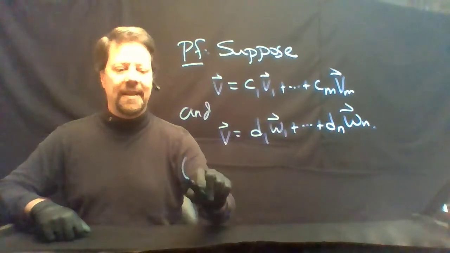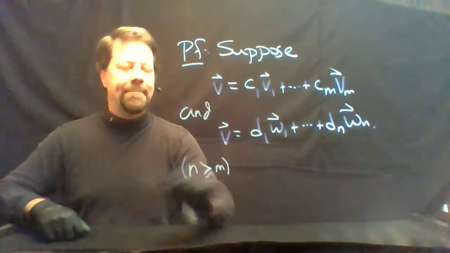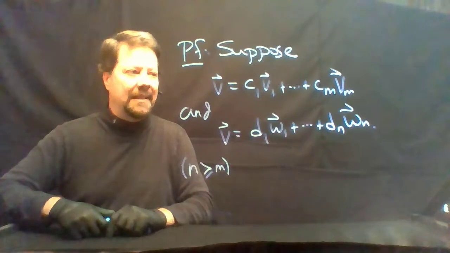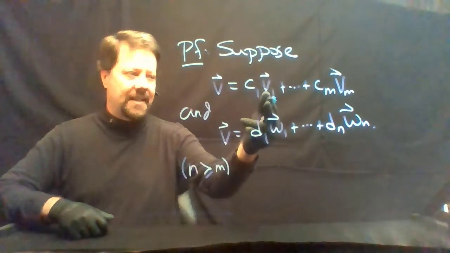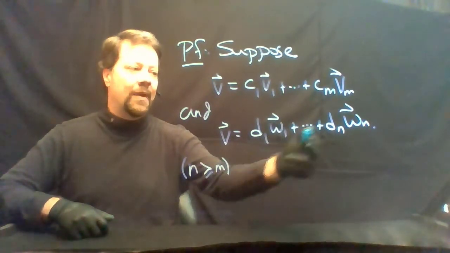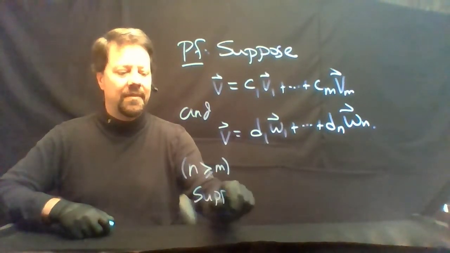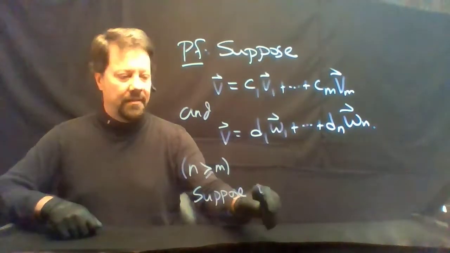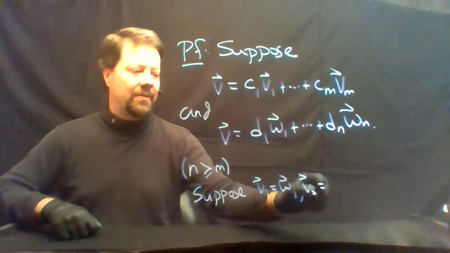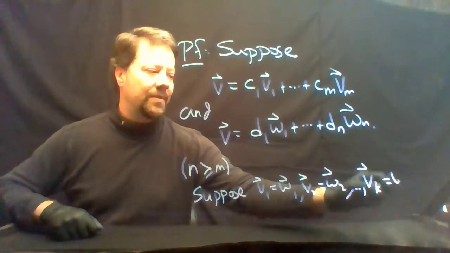And let's also suppose, without loss of generality, that n is greater than or equal to m. Now, we haven't precluded the possibility that some of the vectors in the set v1 through vm are also in the vector set w1 through wn. We're going to suppose v1 equals w1, v2 equals w2, up to some level vk equals wk.